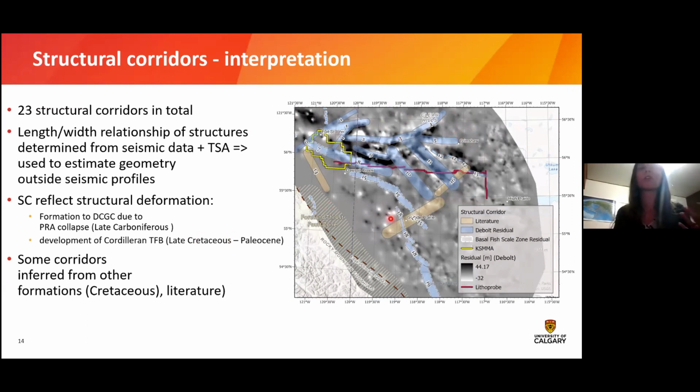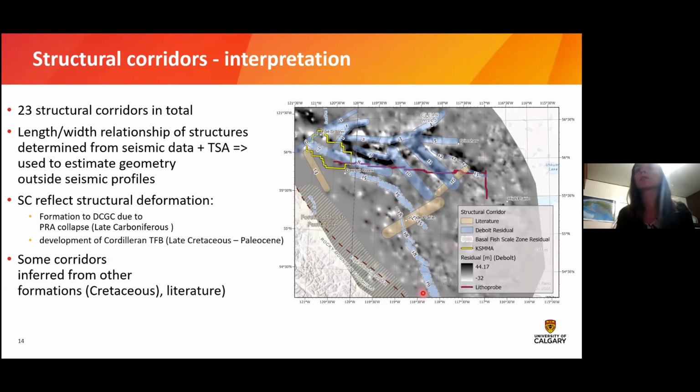So those structural corridors reflect some structural deformations, specifically the formation of Dawson Creek Graben complex due to the collapse of the Peace River Arch in late Carboniferous, as well as the development of those Cordilleran thrust fault belts and the structures east of that that were formed in late Cretaceous and Paleocene.